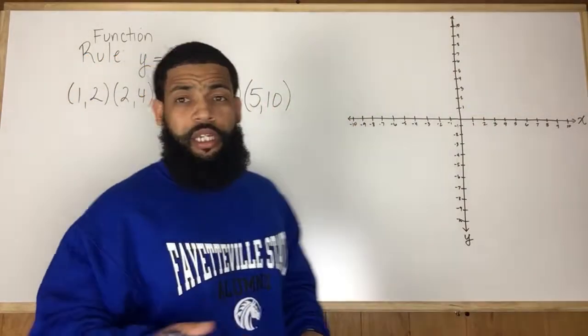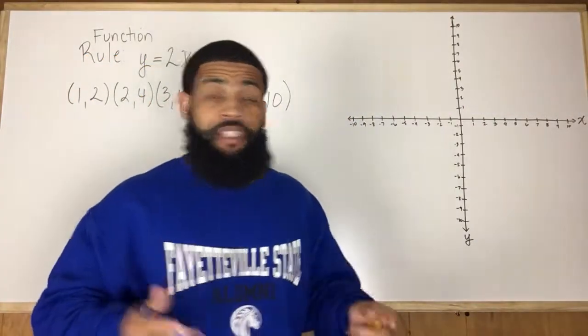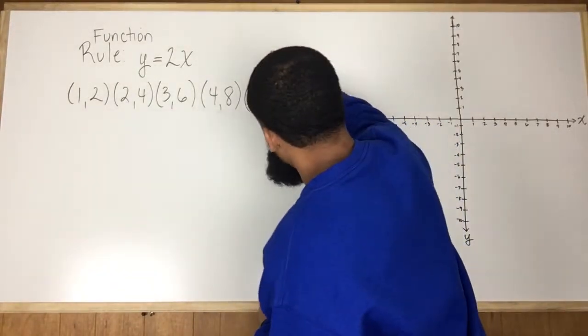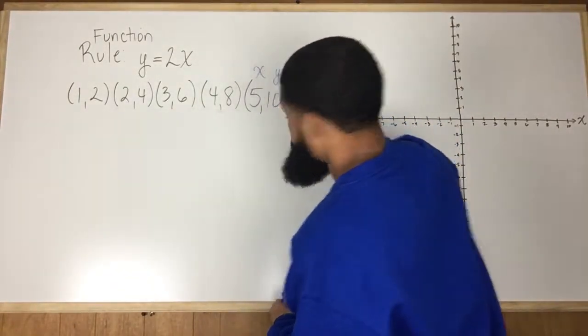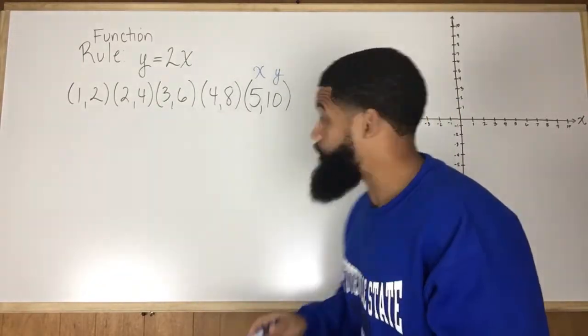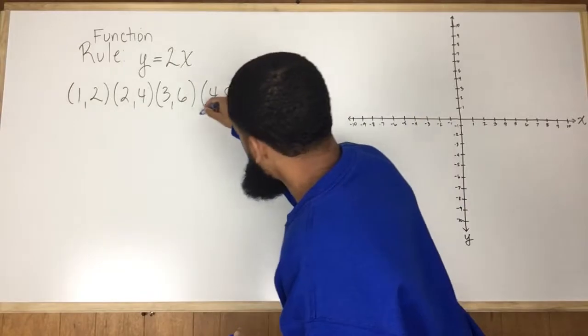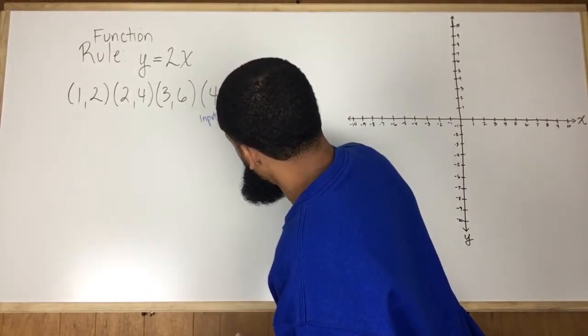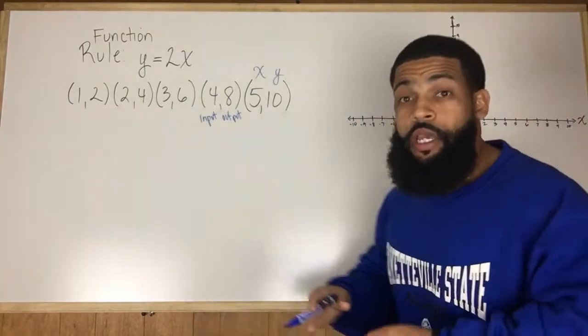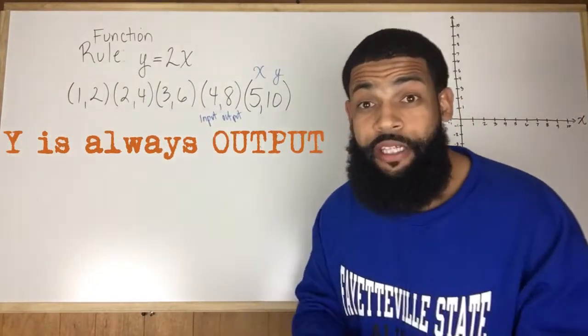First, we want to take the ordered pair 1, 2. Now remember, once again, the first coordinate is the x-coordinate, and the second coordinate is the y-coordinate. Also remember, that's input and output. So x is always input, y is always output.